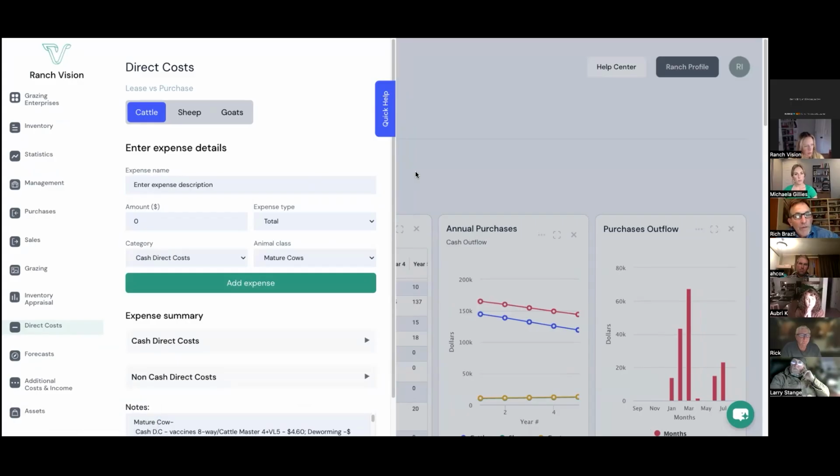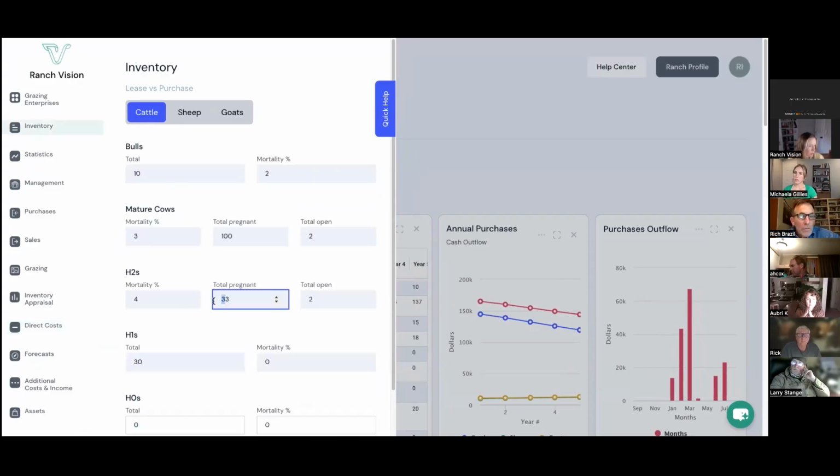So you've entered that, and then you're going to purchase 30 head. Okay. So add that, make that 63, and just purchase one bull.